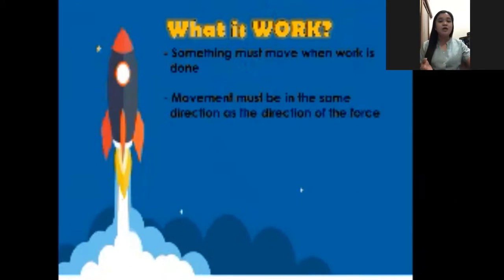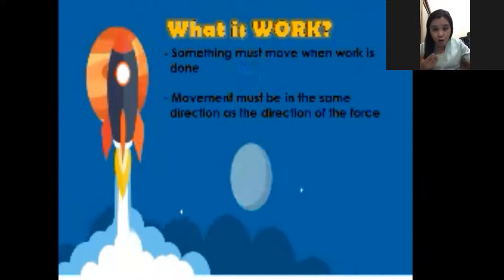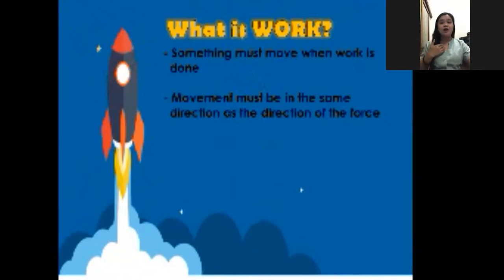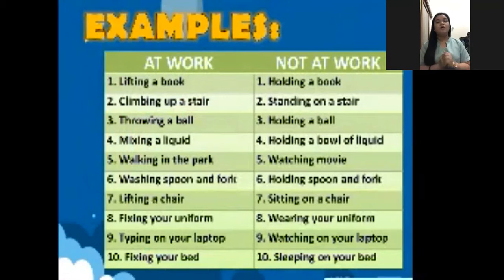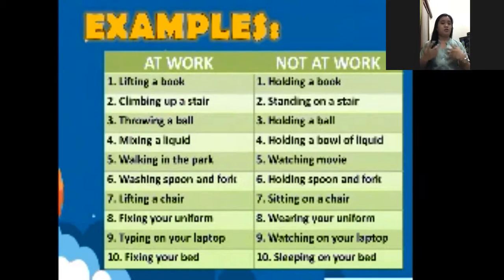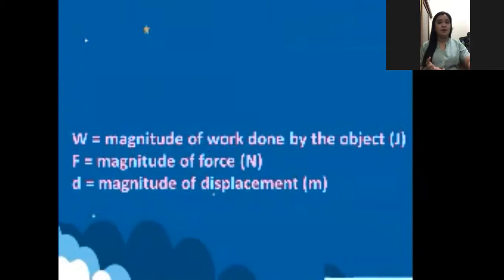Also, the movement must be in the same direction as the force. We also talked about movements that are at work and not at work. Lifting a book is at work, but holding a book is not. Climbing up a stair is at work, and standing on a stair is not at work.